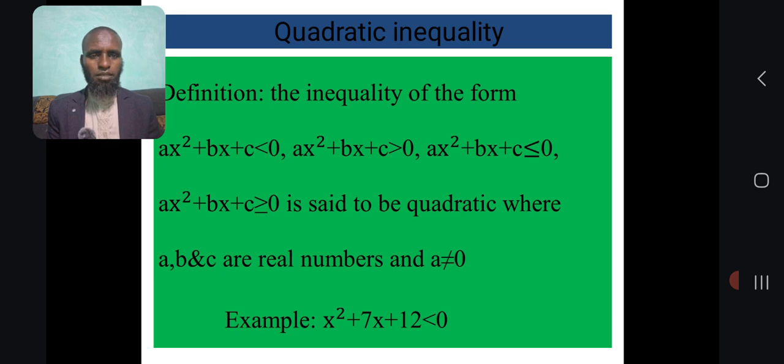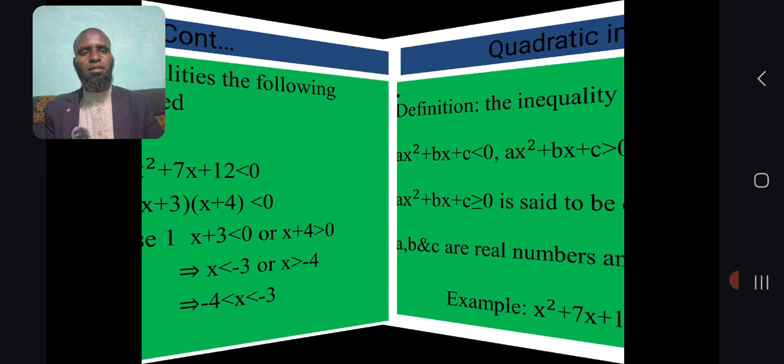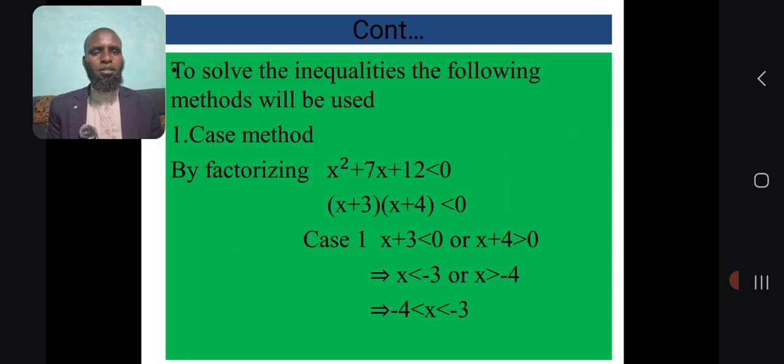For example, x squared plus 7x plus 12 less than 0. We can solve the inequality in a different way from that of equations.